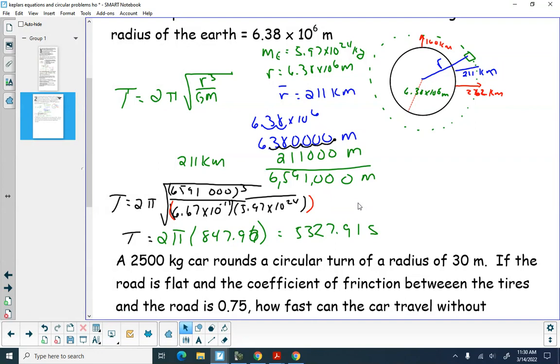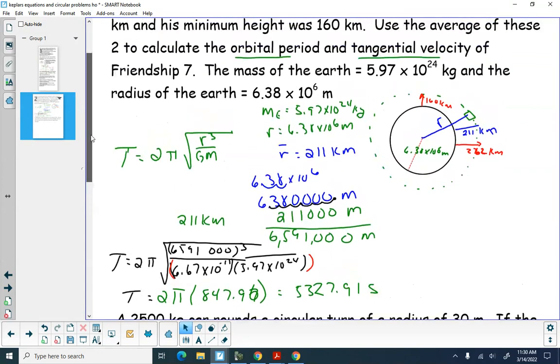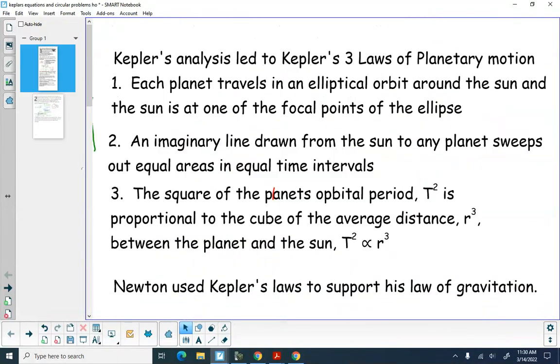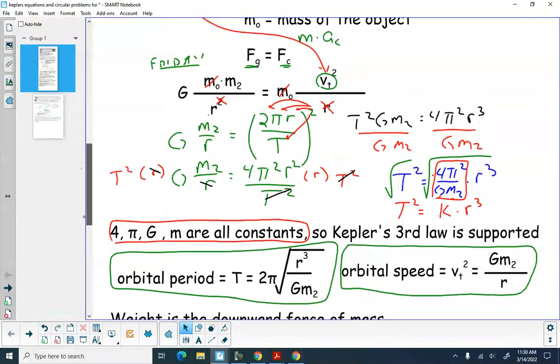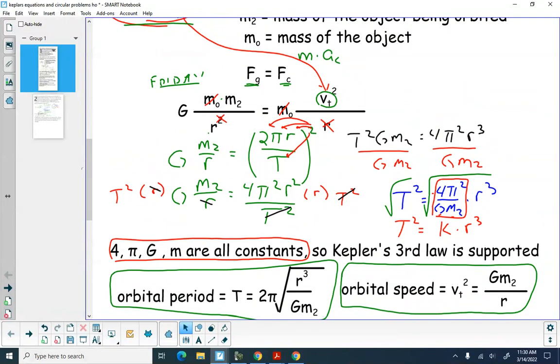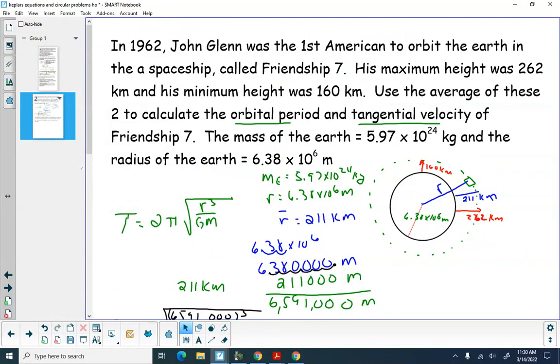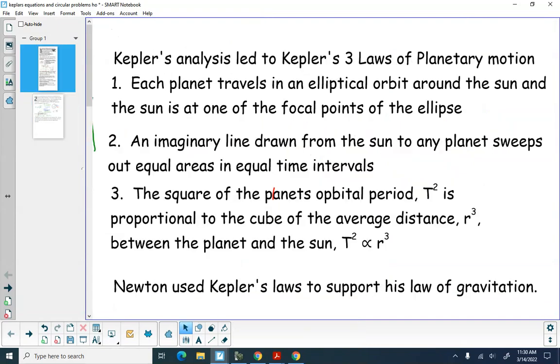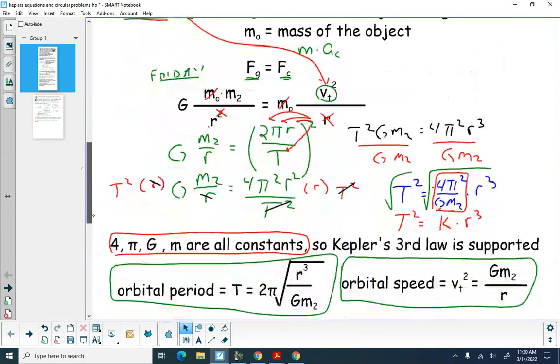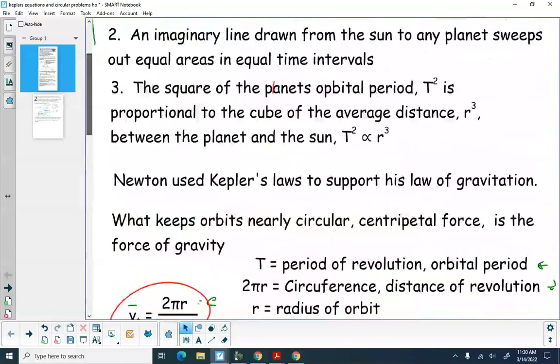Okay, then our tangential velocity, our average velocity, can be calculated by the square root of GM divided by my radius. Just my radius.